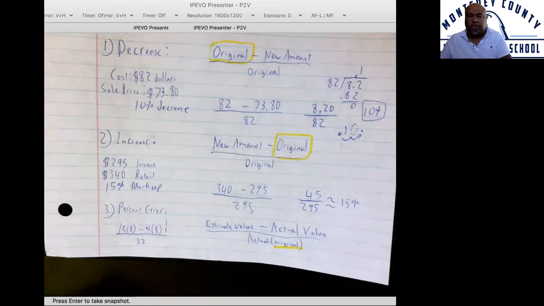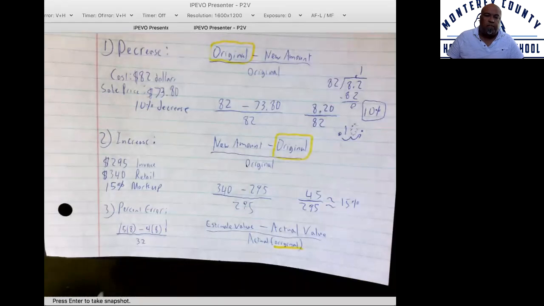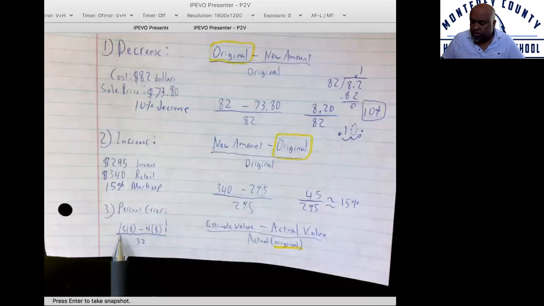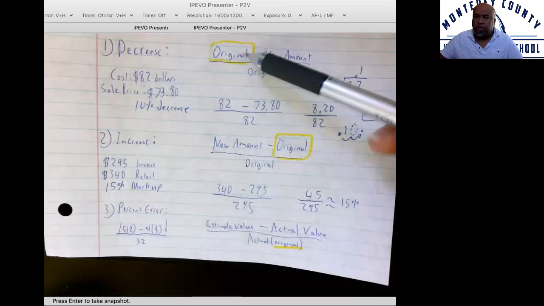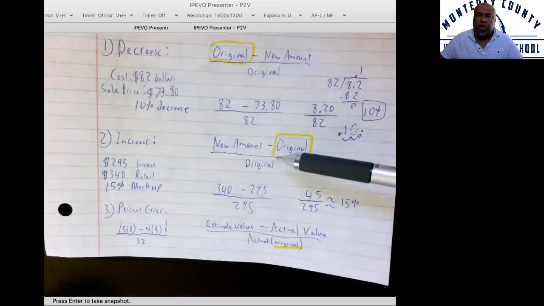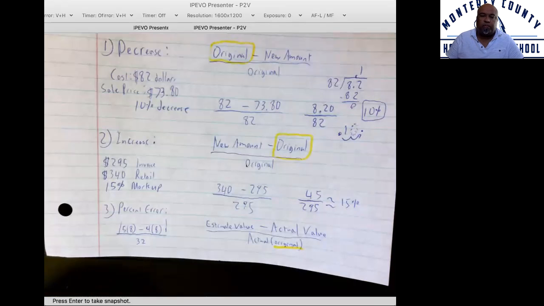Now in this case, there was a problem in the book, and what it mentioned was if a person estimated that a rug is about 5 feet by 8 feet, when in actuality, the rug is 4 feet by 8 feet. Okay, so in this case, we put the absolute value symbols, and that's just to show that whether you have the original amount first or second, you want to subtract and always write your answer as a positive number.